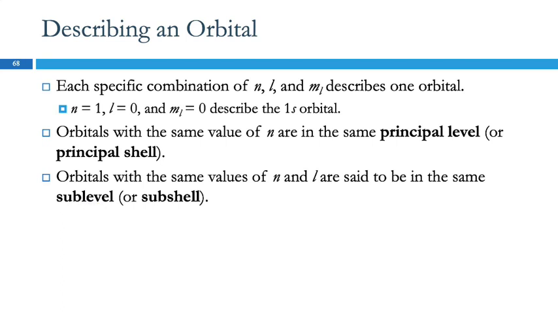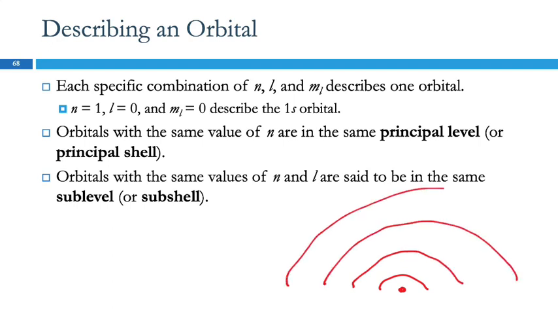So again, this is kind of imagining the Bohr model. I don't know why we only draw half of it. Obviously, it continues around in a circle. You can think of these as being the levels that the electrons can be at.